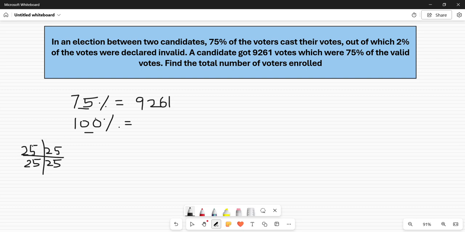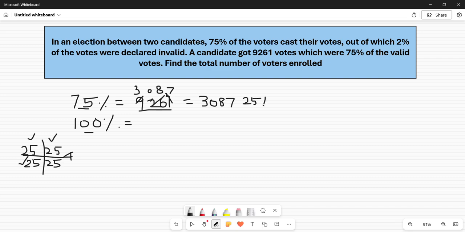So for 75%, you could consider 3 parts and 100% is all your 4 parts. So you could split this number into 3. 3 3s are 9, 0, 8 3s are 24, 2, 7. So 3087 is your 25%.